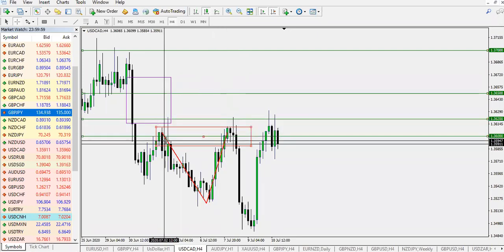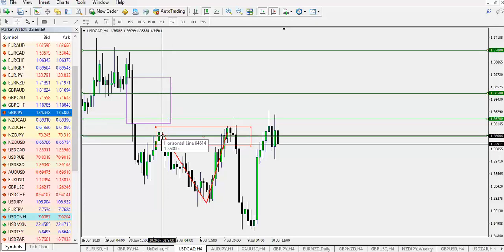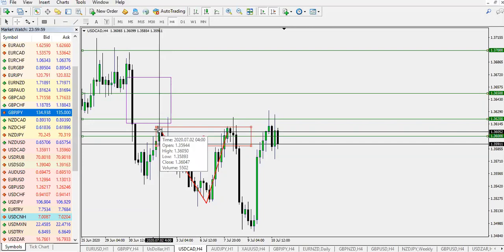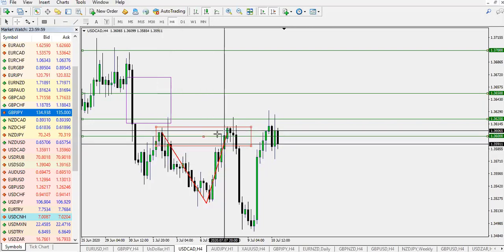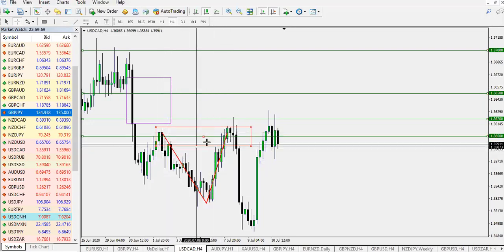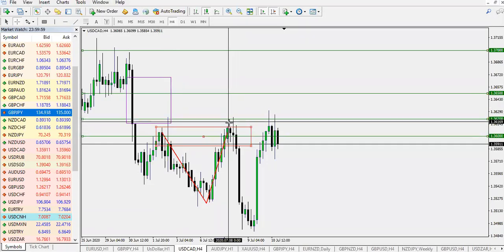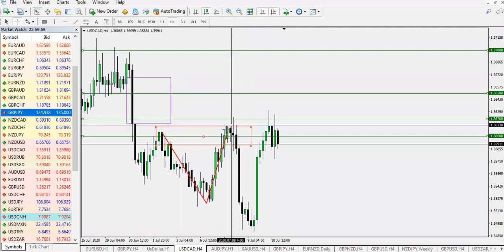So you can see here that we have this order block formed at our round number of 1.36 USD CAD price, and price fell from that level, retraced back up, tested this order block, and wicked off of our 200 IPL price level.